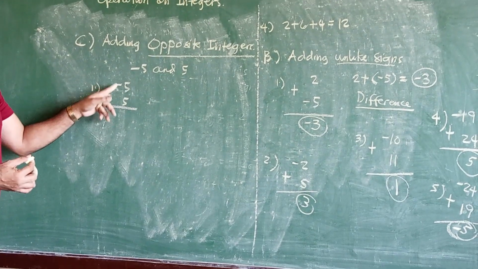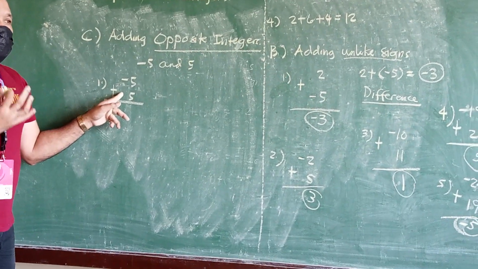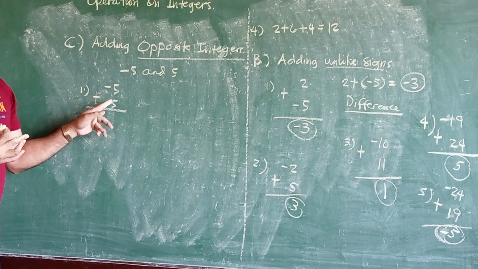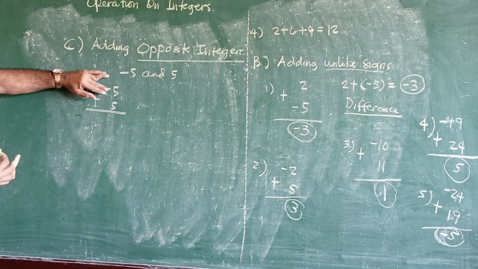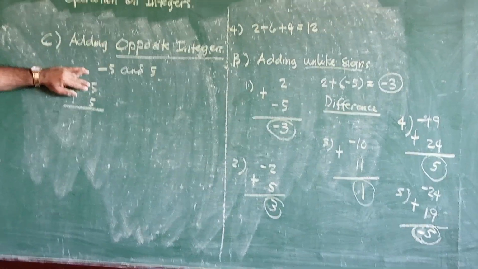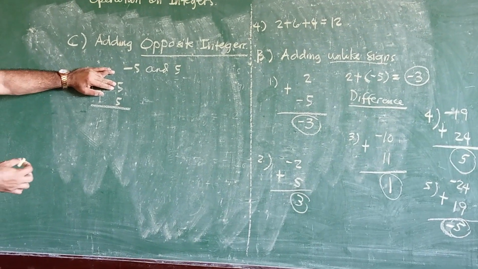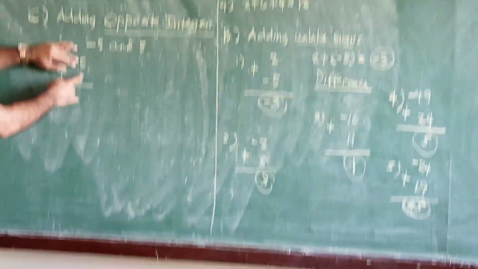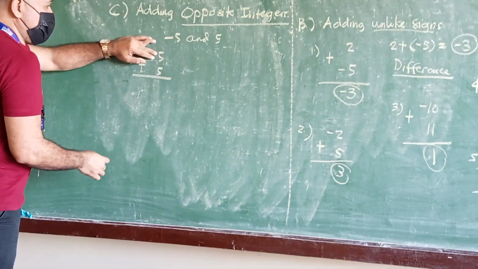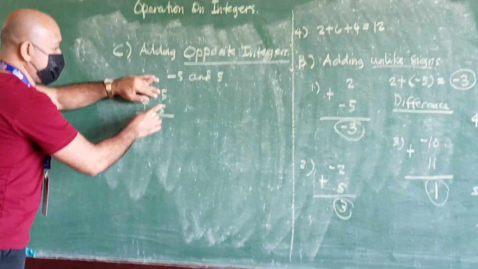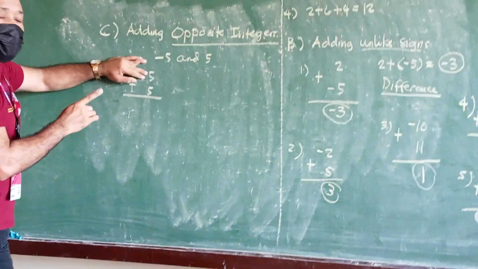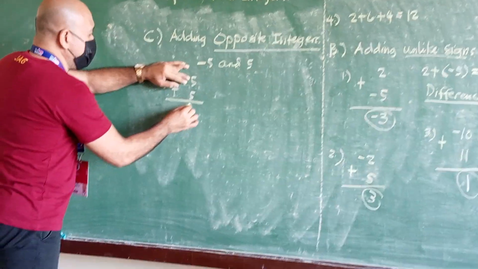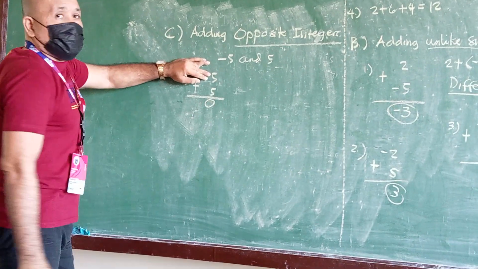If you cover negative 5, the given now becomes positive 5, so the same numbers. But if you try to get their difference, you cannot find any difference. So therefore, your answer is 0.